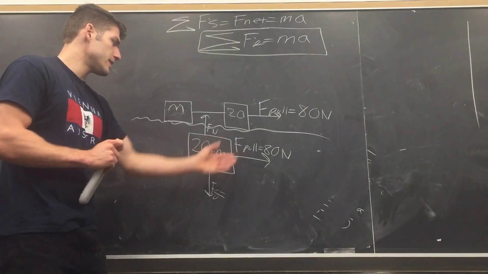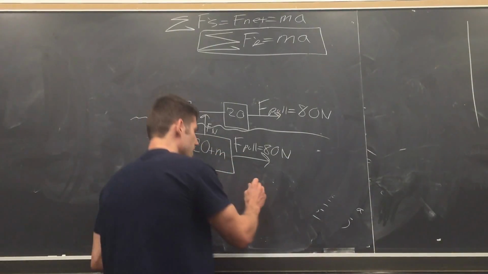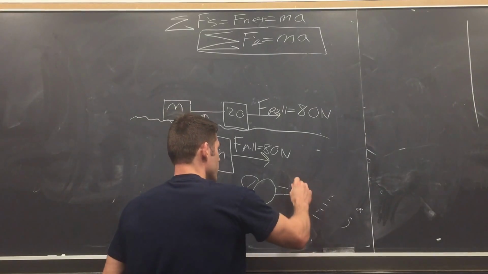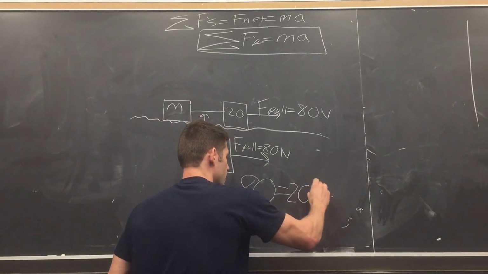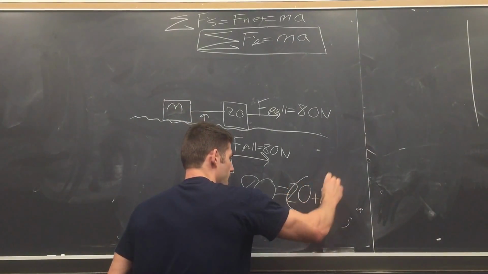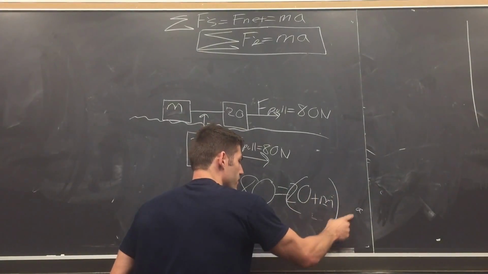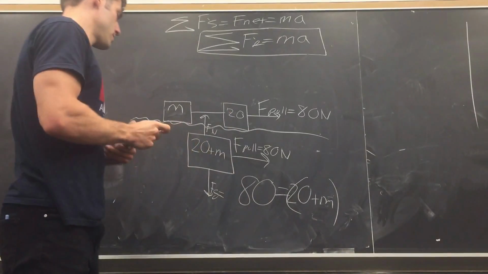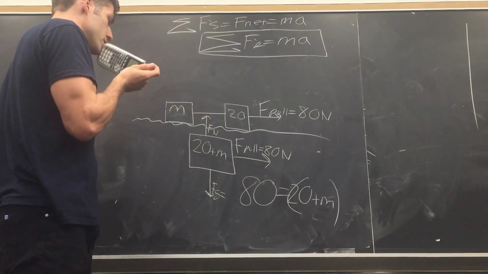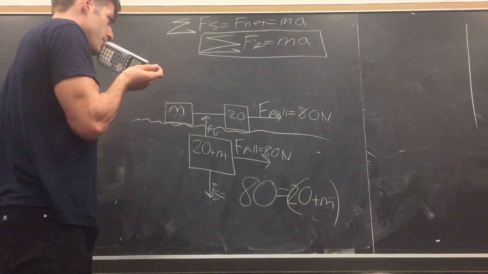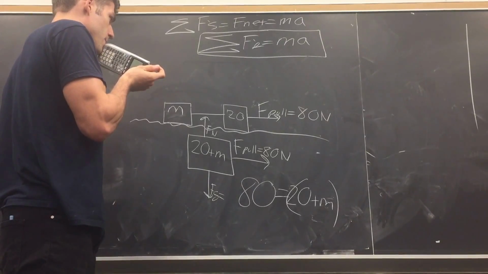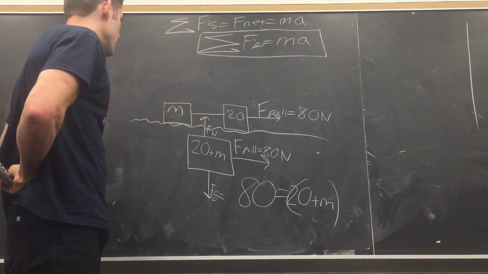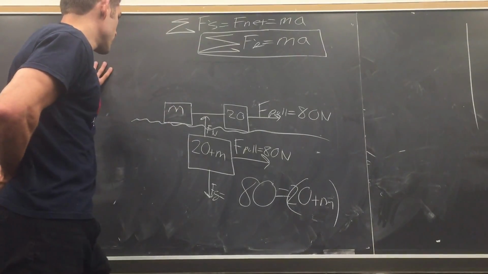And in this case, the sum of the forces in the x direction is just 80, which is equal to 20 plus m times a. But here's the last bit of information you'll need. They're going to say that, I guess you would need, I'm trying to think about how to do this.